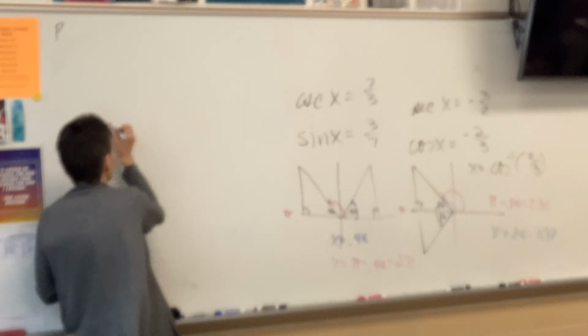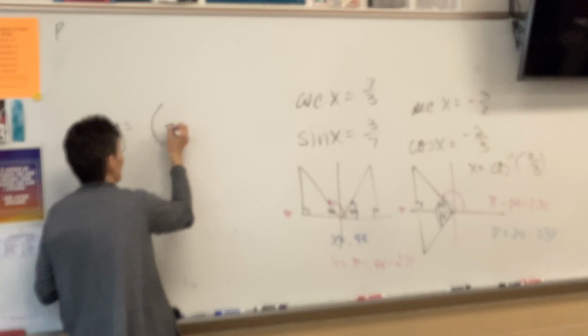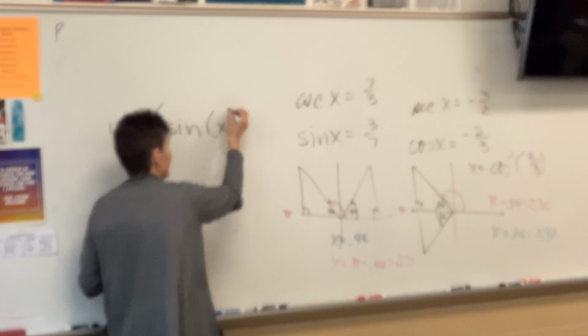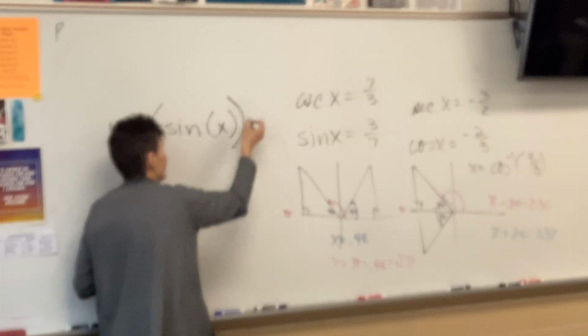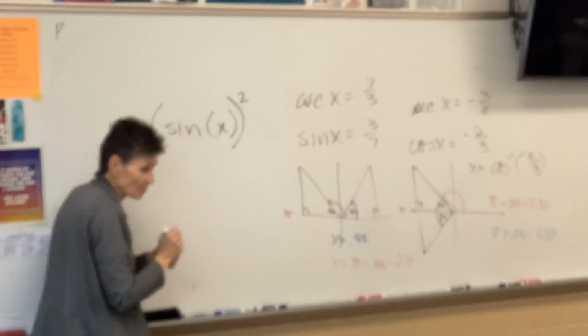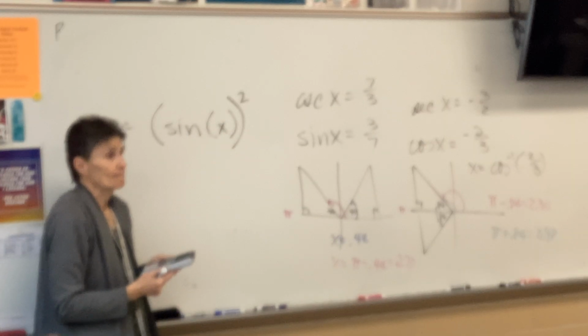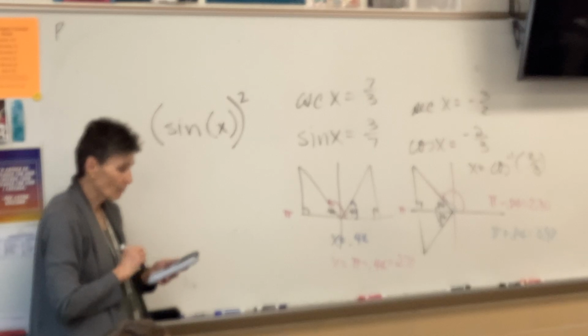So when you type it in, you're gonna have parentheses, you're gonna hit sine, another parentheses is gonna come up, you're gonna put an X in there, close it, and put squared. That's the way you're gonna have to type this in. Okay, so type that in just like that. And hit graph.